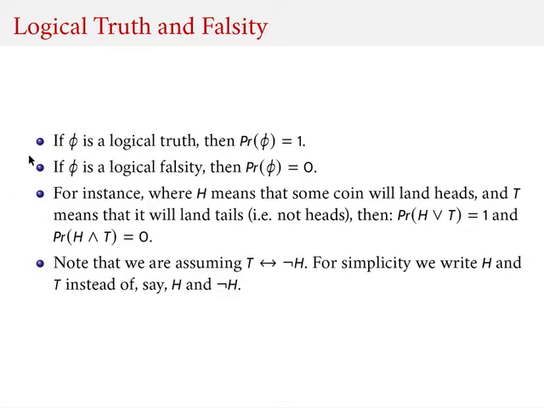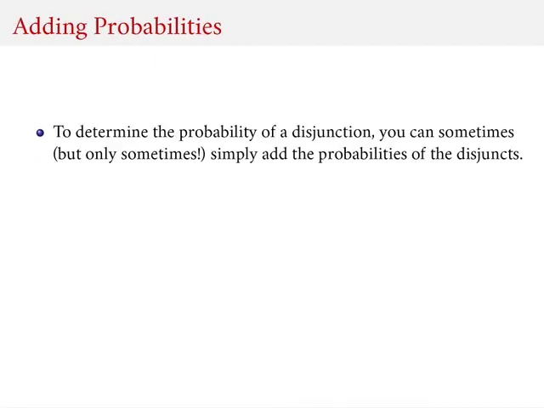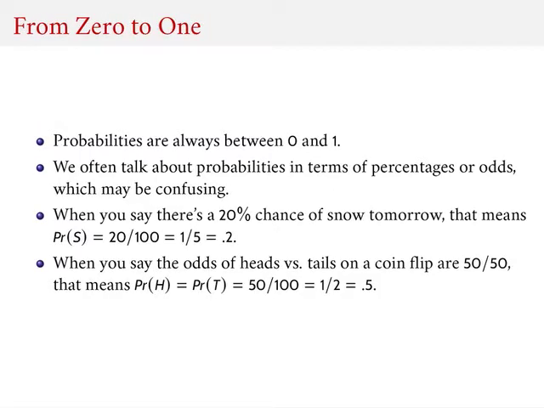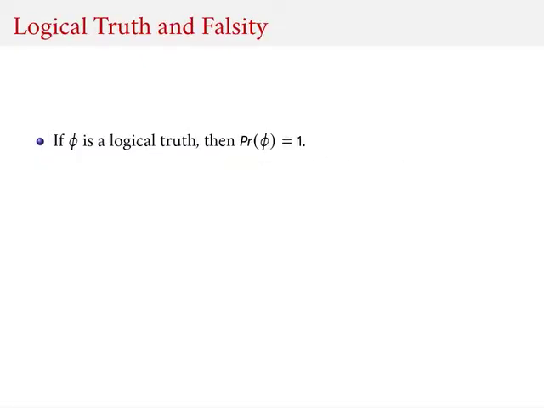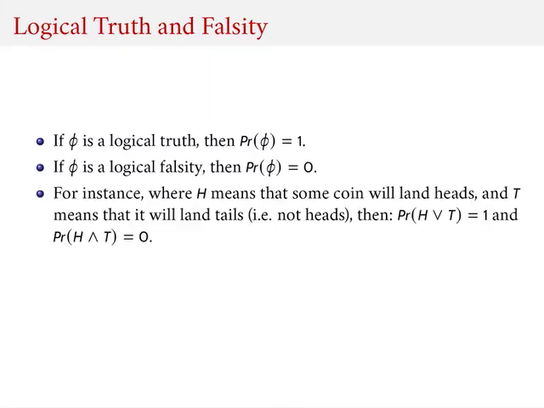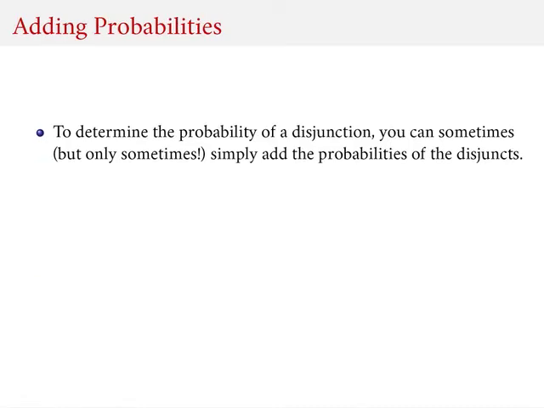So those are the rules. These two rules here tell us the probabilities of tautologies and contradictions. So in addition to knowing that all probabilities must be between 0 and 1, and that a logical truth is at the top with probability 1, and any logical falsity is at the bottom with probability 0, we can also calculate the probabilities of disjunctions.